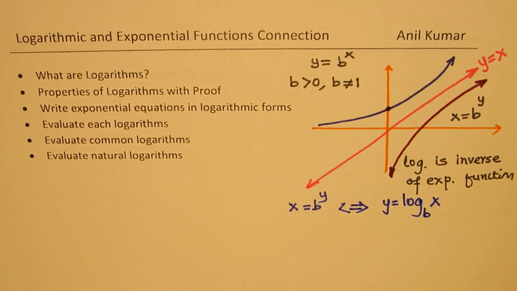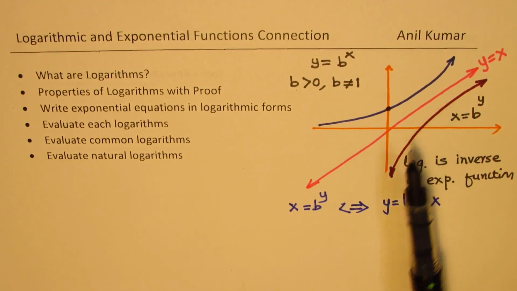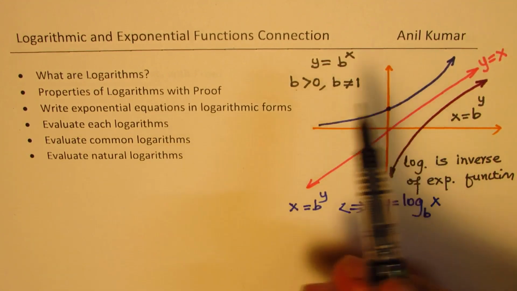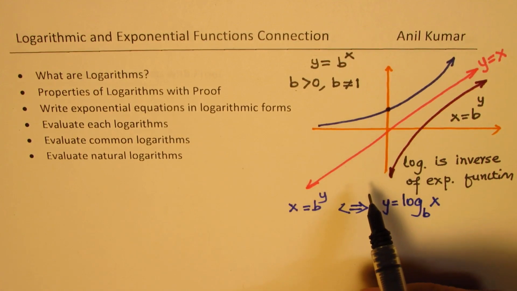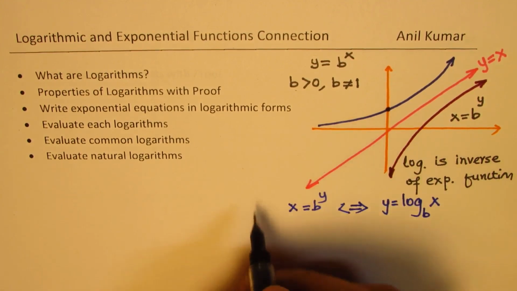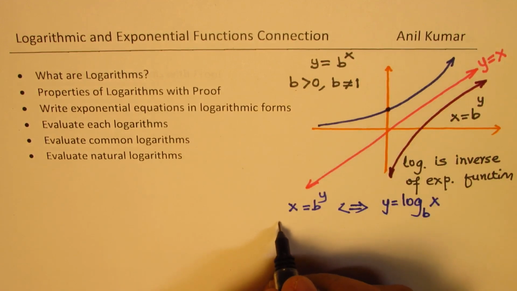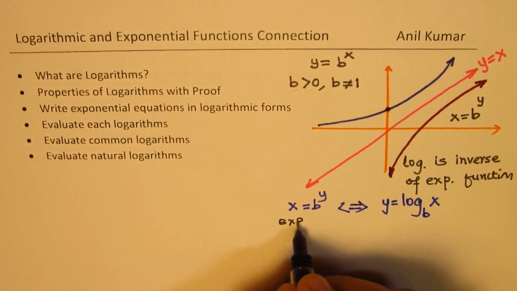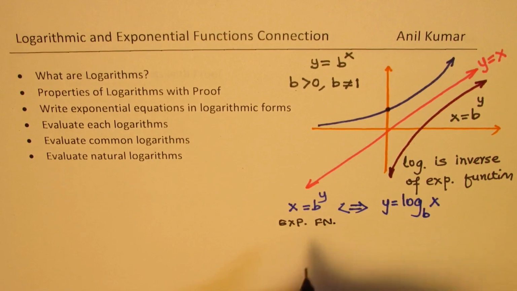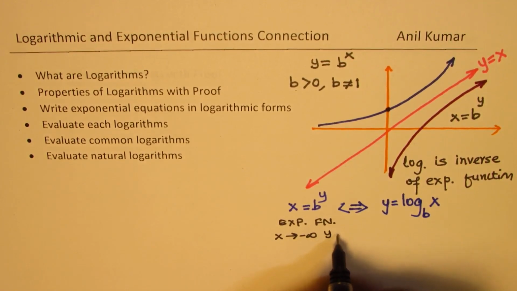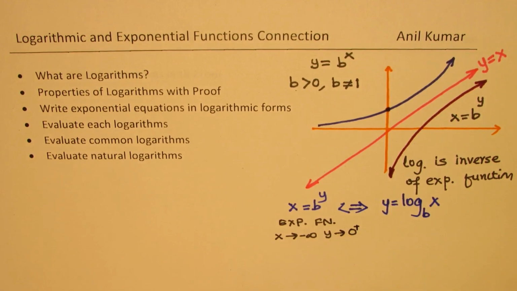Okay. Now I hope this concept is clear to you. Let's talk about some characteristics of our logarithmic functions. Since it is the inverse, we get many characteristics from here. Mainly, we'll talk about the horizontal asymptote, right? So we'll write exponential functions here. For an exponential function, as x approaches negative infinity, y approaches 0 from the positive side.